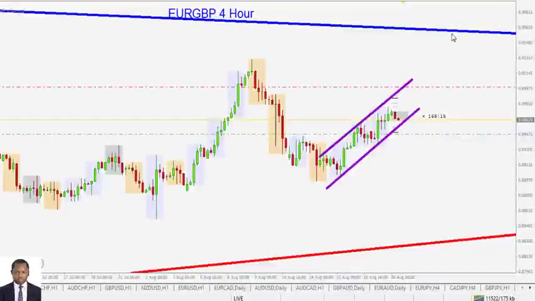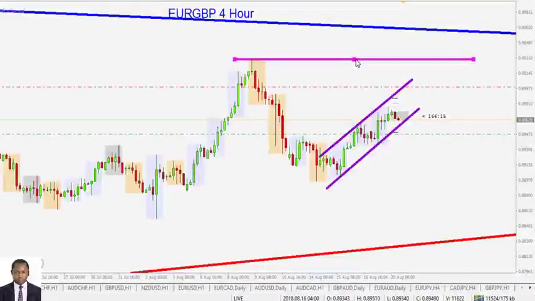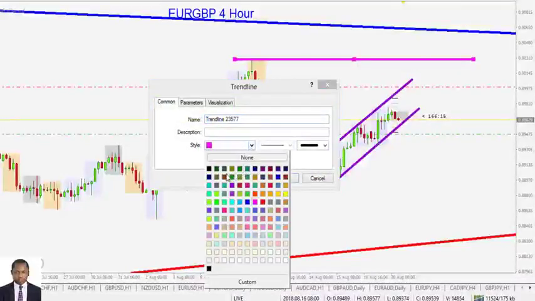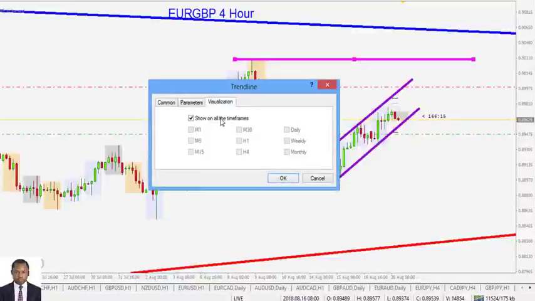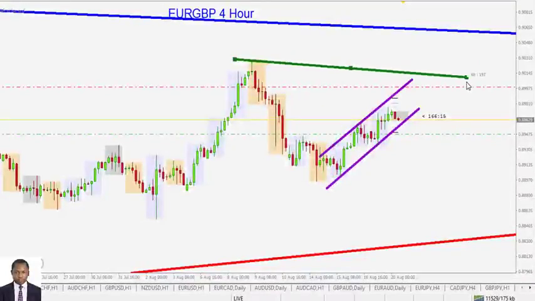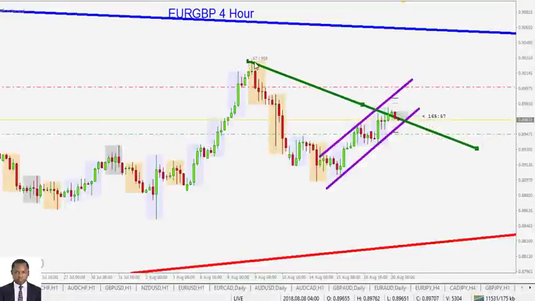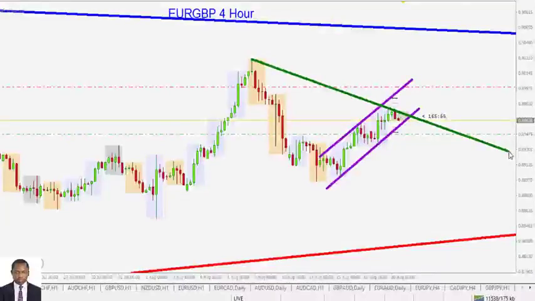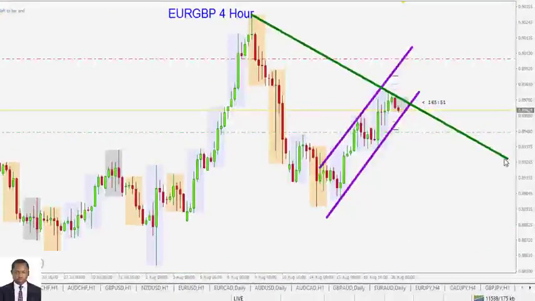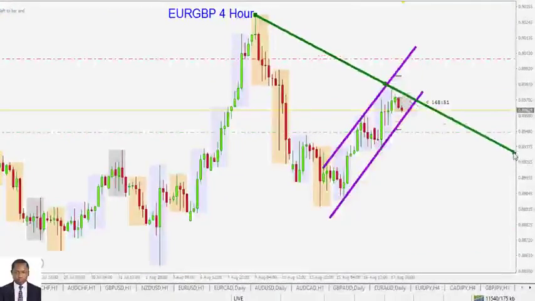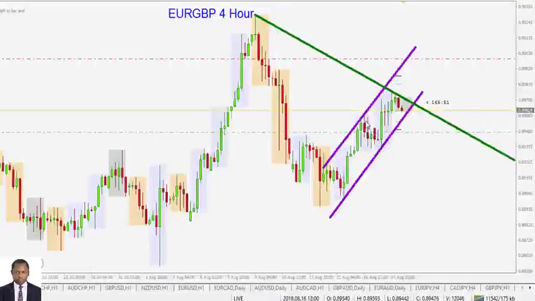Take this level out. Well, let's just keep this one again as the optimal zone where we want to see price reversing for a new trend formation. Going to remove this one.